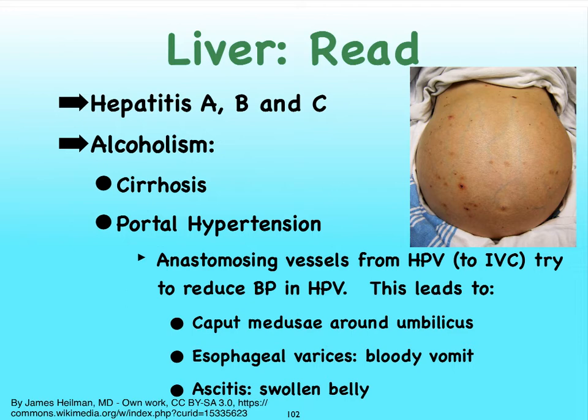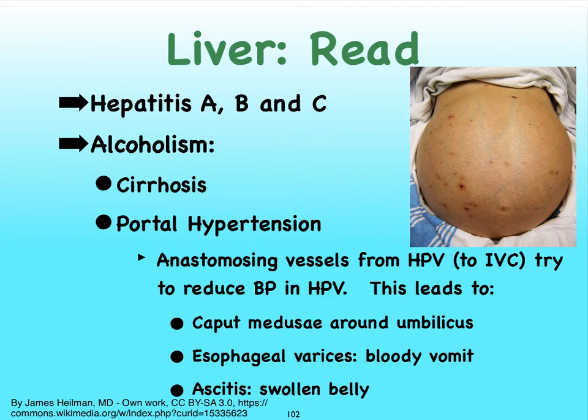We also will very often see something called caput medusae, literally meaning the head of the Medusa, or similar to the head of a Medusa, around the umbilical cord, meaning lots and lots of anastomosing vessels from the hepatic portal vein, again, due to that pressure that builds up.